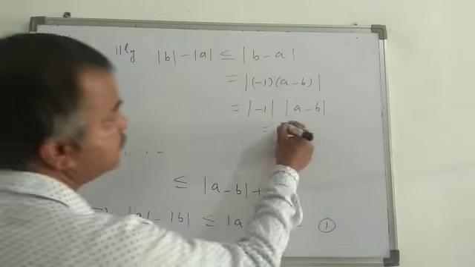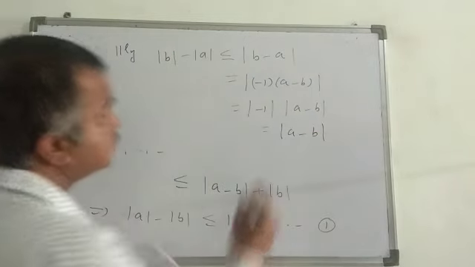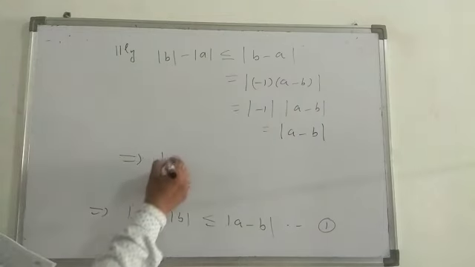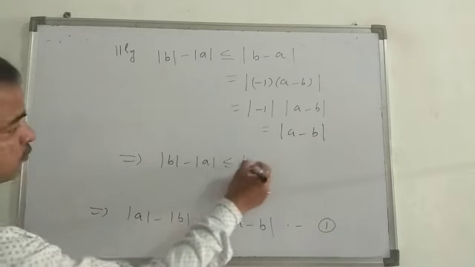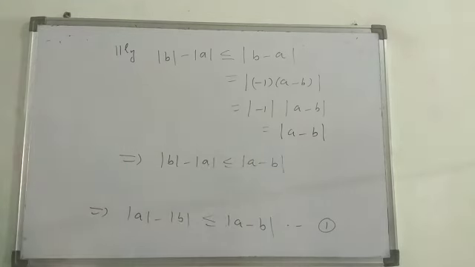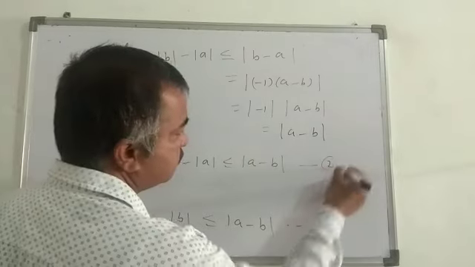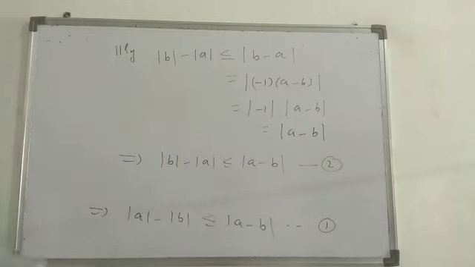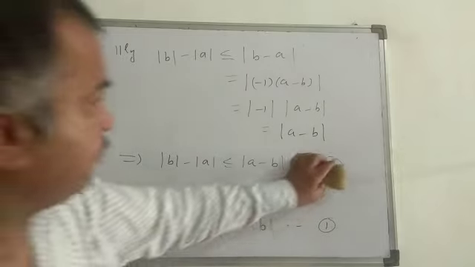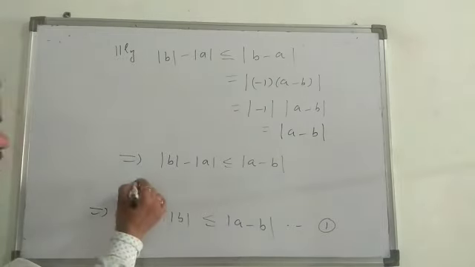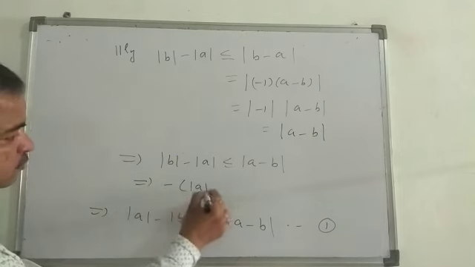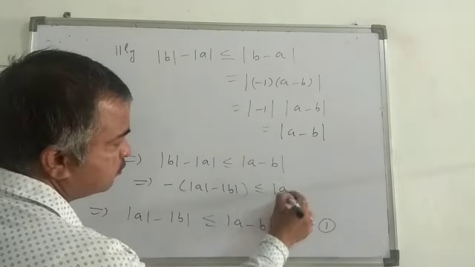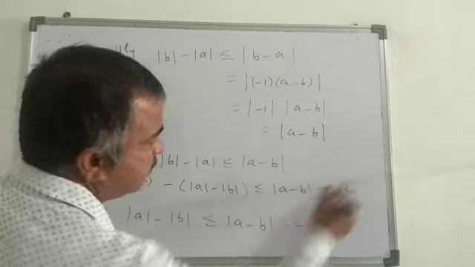So this is equal to |a - b|. Take minus common. Now call it inequality 2.